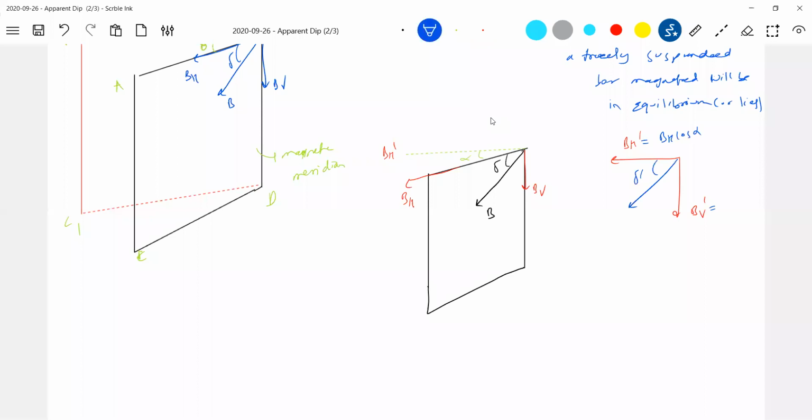And what is BV dash? BV dash will be BV only. And what is the true dip? How do you define the true dip? Tan delta should be equal to BV by BH. This is the true dip. Delta is the true dip here.